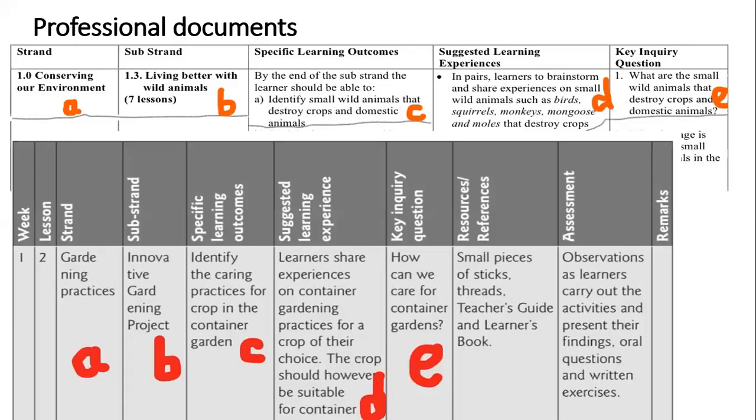Then the one with a color of gray and darkish color, and I'm hoping that we are all able to perceive color. In case anybody is not able to see color, this other document has week, lesson, strand, substrand, specific learning outcomes, suggested learning experience, key inquiry question, resources and references, assessment and remarks.